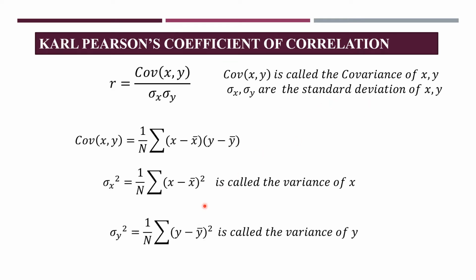Similarly, we can define sigma y square as 1 upon n summation of y minus y bar the whole square, which is called the variance of y, and sigma y is the standard deviation of y. Now substituting all these expressions in this equation of r, we get r is equal to.